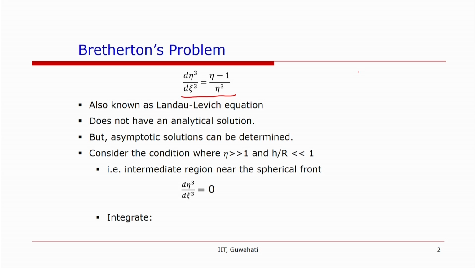So if we look at the bubble, this constant thickness film region should be present for the bubble to pass as a long bubble.